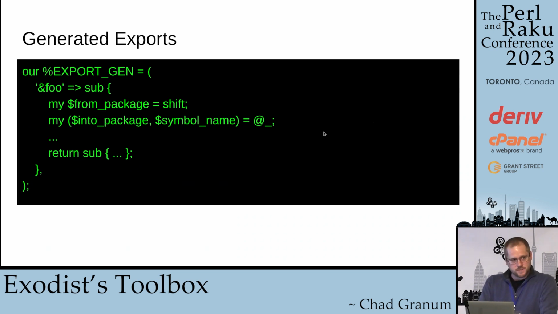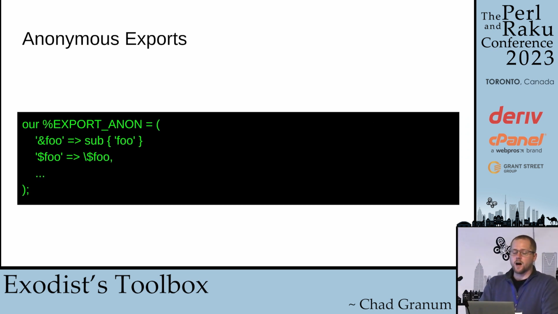Generated exports. This is some additional functionality that Exporter.pm did not have at all. You can specify exports that will be generated when you bring them into your package, and they'll know what package they're going into and what symbol name they're going to have, and then you return the reference that will be injected into the namespace.